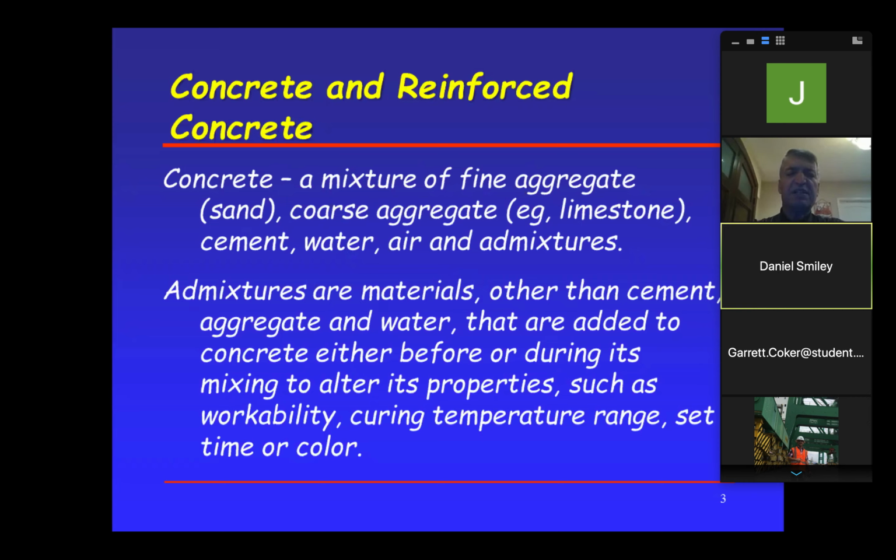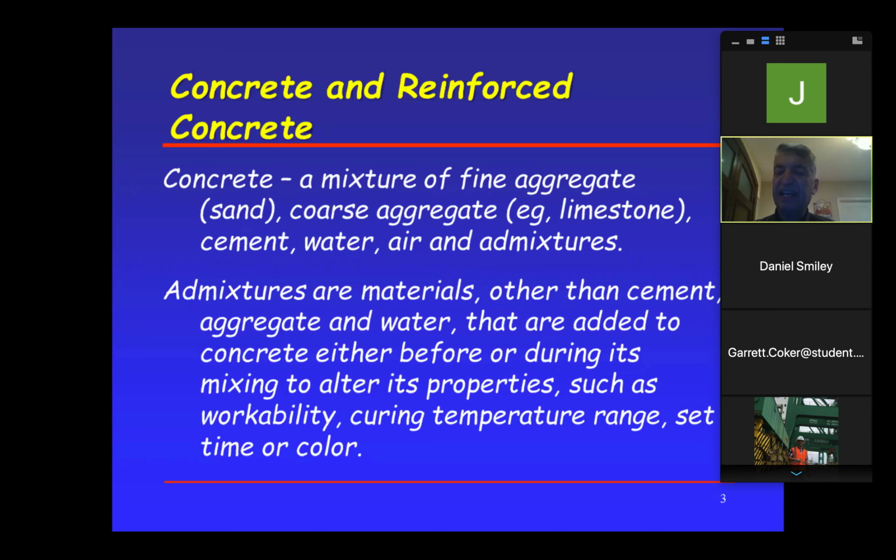So Professor, what is concrete? Concrete is a mixture of fine aggregate, meaning sand. When we say fine aggregate, it is similar to the beach sand you see, but it's not beach sand, okay? Because the beach sand has salt in it, and we cannot use that. The sand we're talking about comes from the stones and aggregates.